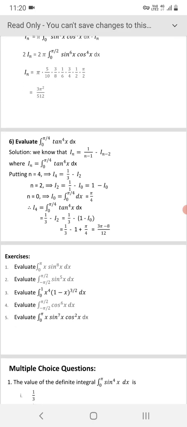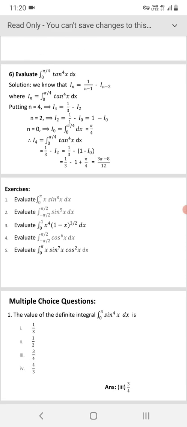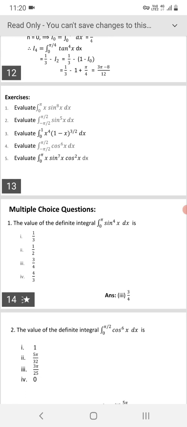Now similarly, we can work out all these exercise problems by using the above ideas, and let us move on to some multiple choice questions on the basis of the above concept. Under this, the first one is the value of the definite integration 0 to pi sin 4x with respect to x.